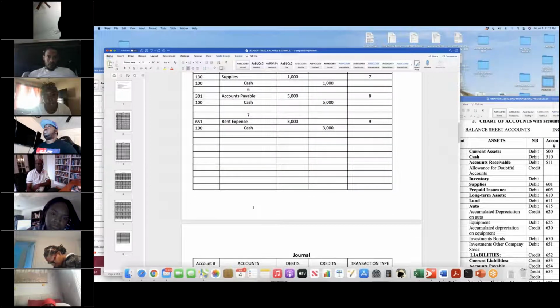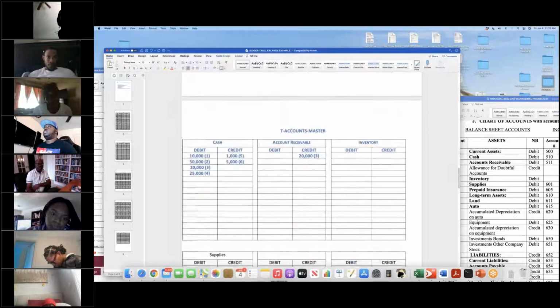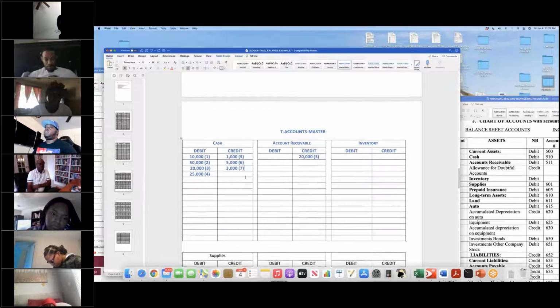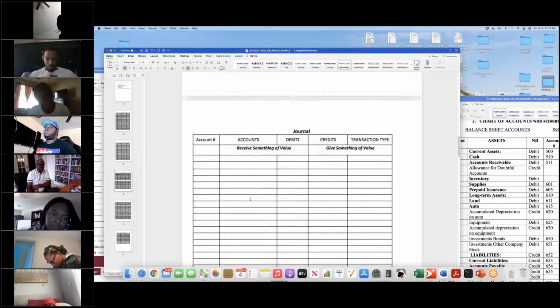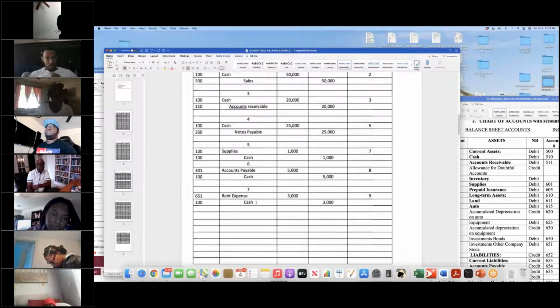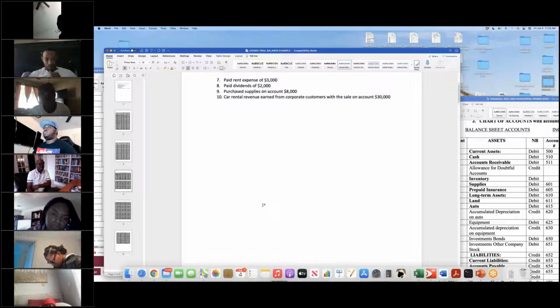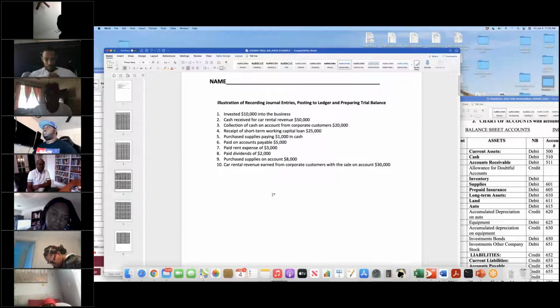It was 7. So, okay, we need 3,000 here. So you can see we put the transactions in there so we can determine how much is in each account.